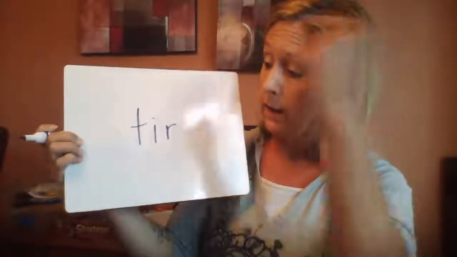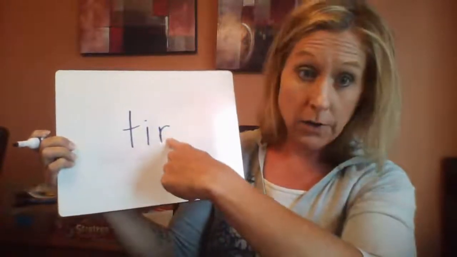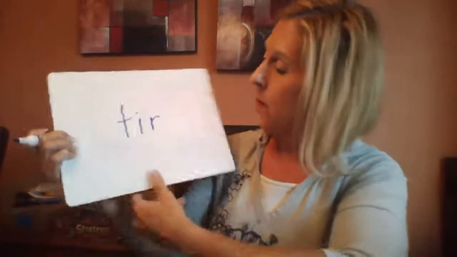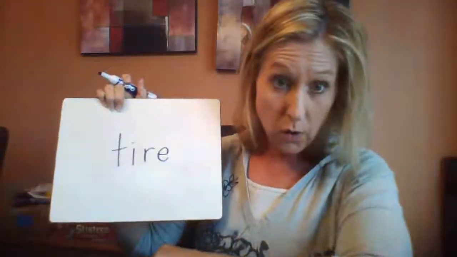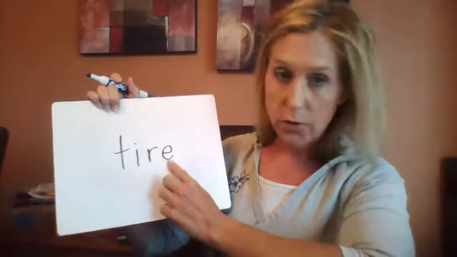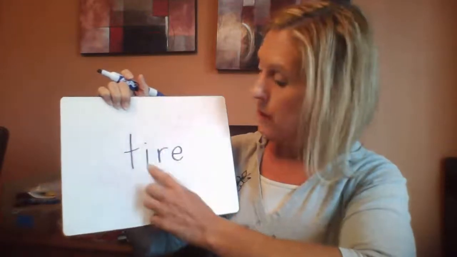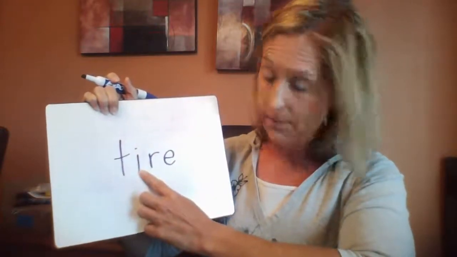So we're used to thinking "ir." Now, if this word has an E at the end, we have to look at that word as a whole before we read it, and we notice, oh, it's got an E at the end, so that's going to make the vowel say its name.